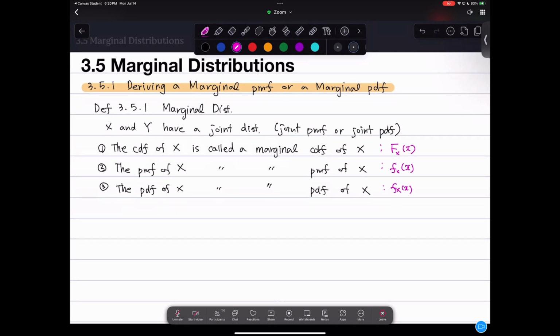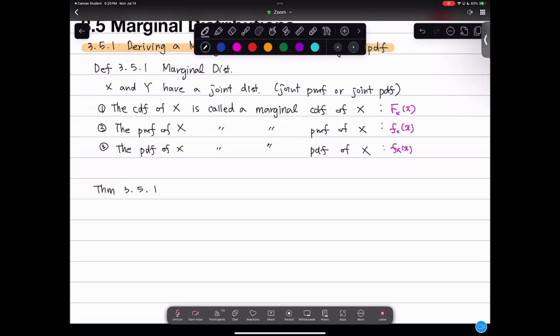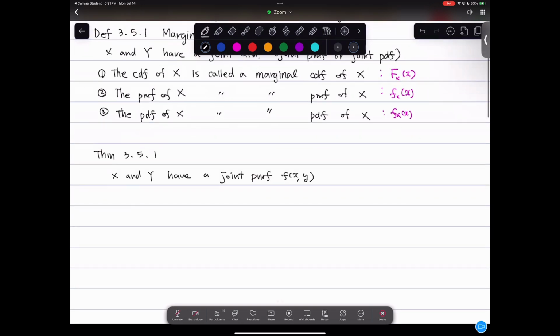So that's the definition. What you have to know is, how do I get it? I have to know how to get this from the joint. So the theorem 3.5.1 is telling you how to get it. This is about, again, x and y. In the discrete case, x and y have a joint PMF, f of x y. And it says, how do I get the marginal?